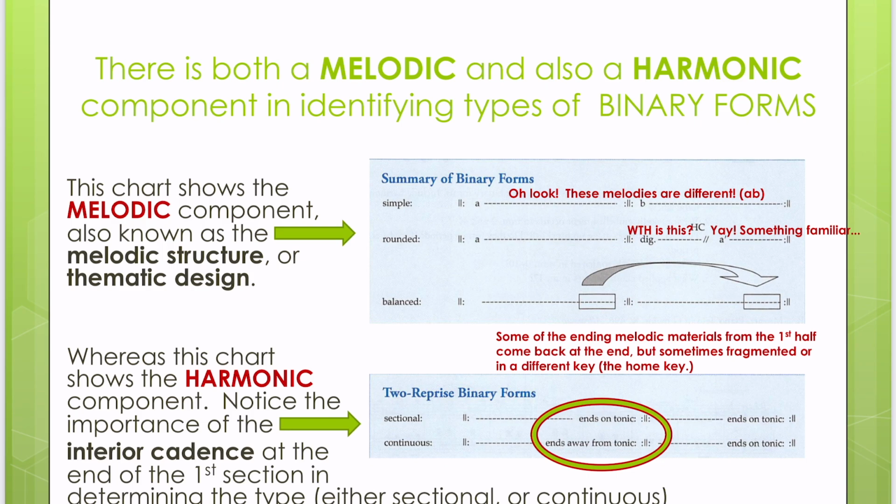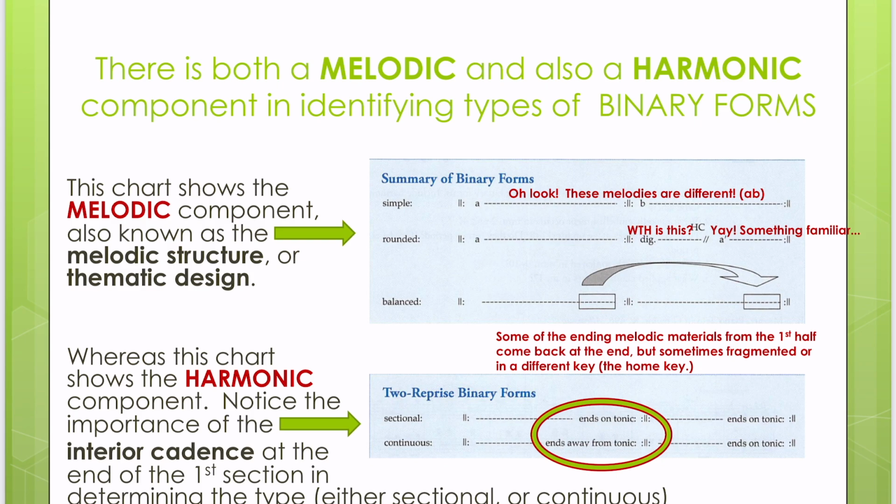The last one is called balanced, and this is where you've got your A section again and your second section. Actually, we're not labeling them A prime or AB in this case, but you can see there are two sections to the first part of the binary form and the second part, and with a boxed area at the end. Now, since we don't know what the harmony is doing in the box, if it's going to cadence in the home key in the middle, that important middle cadence or not, we don't know.